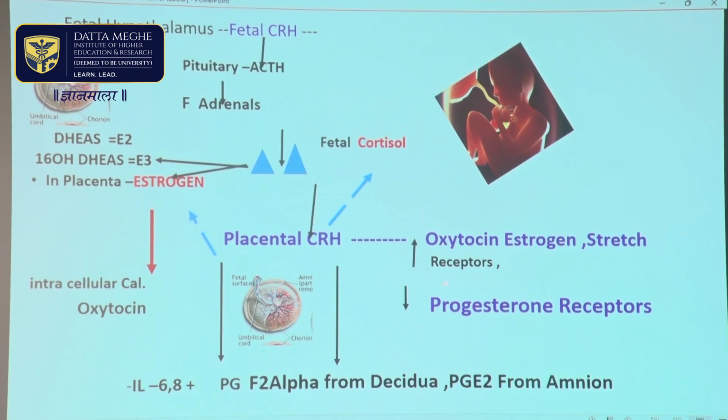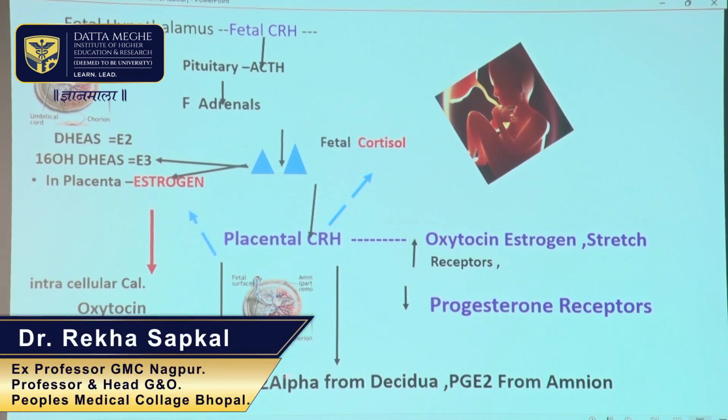This is how it causes the initiation of uterine contraction in the activation phase with the effect of estrogen hormone. This placental CRH is produced by the placenta. It also produces interleukin 6 and 8 and prostaglandin F2 alpha from the decidua and prostaglandin E2 from the amnion of the uterine cavity.